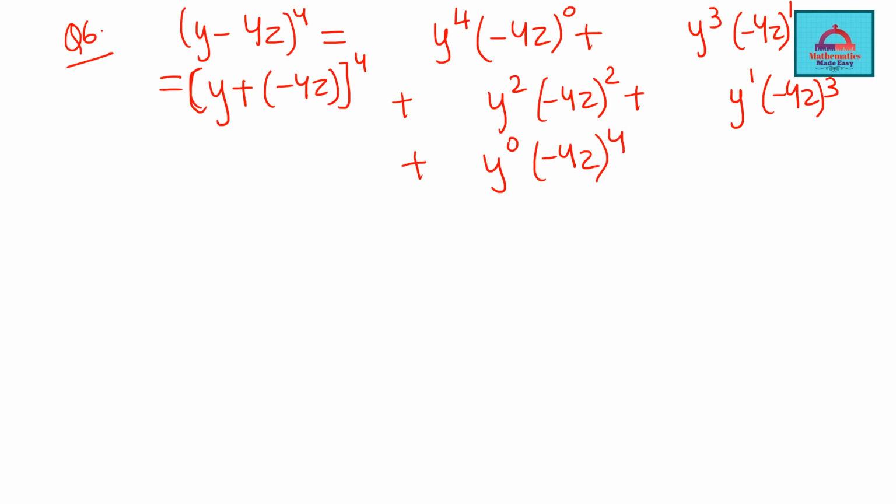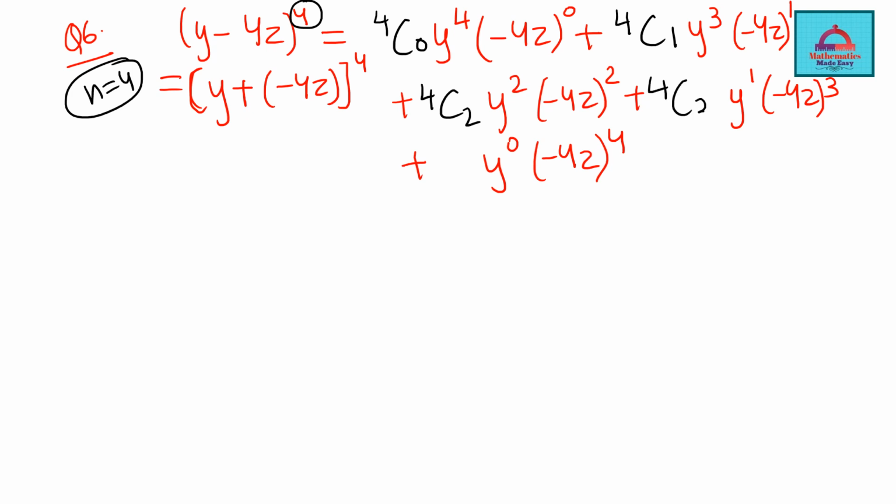Now it's time to write the binomial coefficients, so I will go to the combination formula. N, remember, is 4 here. So 4C0 will be the first coefficient, 4C1, 4C2, 4C3, and 4C4. By now you are proficient in using the combination formula, so you know 4C0 and 4C4 are going to be 1, so I will directly write 1, and here the power 0 and power 0 will be 1.